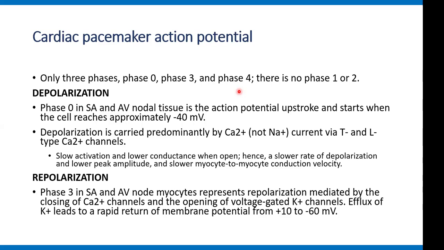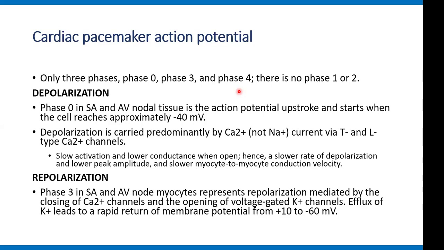But the depolarization here is not by sodium ions. It is rather by calcium ions via the T-type, those are the transient, and the L-type calcium channels. So one thing we have to remember: phase 0 in the muscle is sodium, but phase 0 in the SA and AV node is calcium.